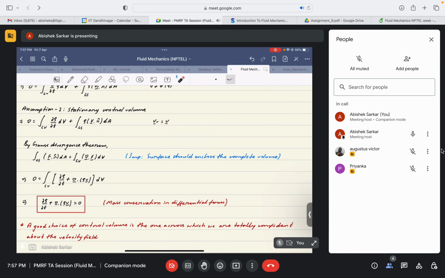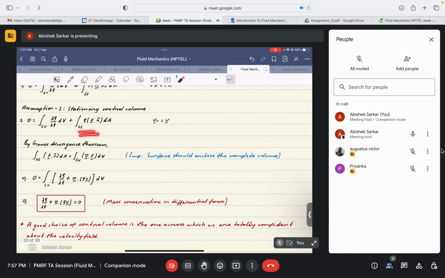So implementing the Gauss divergence theorem in the second term of the mass conservation, we get that this will transform into a volume integral. You can write this as the volume integral of divergence of rho v dV.